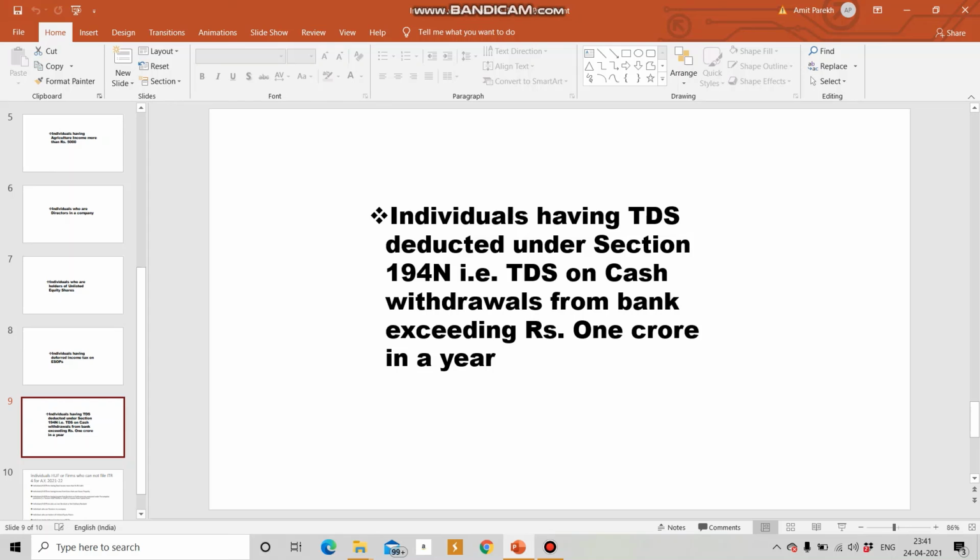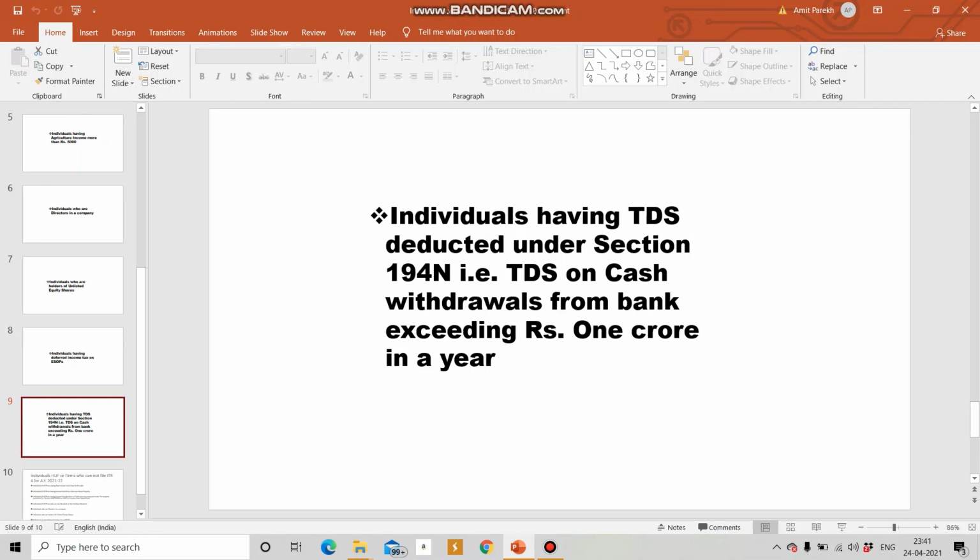In that case, there is a specific provision inserted from this assessment year saying that if a person is withdrawing more than 1 crore rupees in a year from the bank, then the bank is liable to deduct TDS from the cash withdrawals at the rate of 2% of the total cash withdrawals.